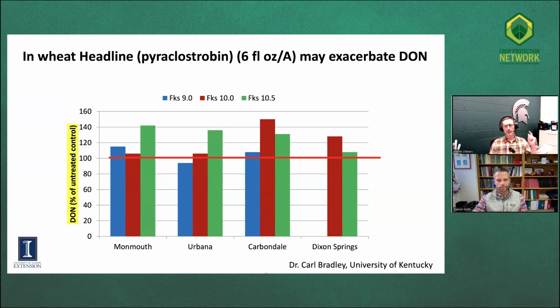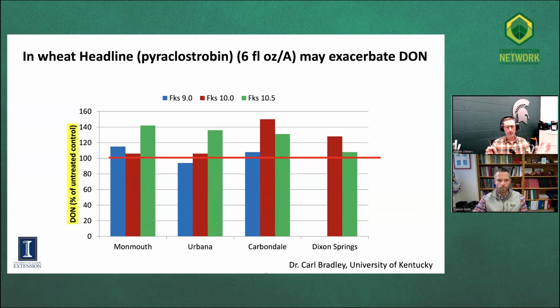Yeah. I threw this slide in from our colleague Carl Bradley at Kentucky, just the potential to maybe aggravate mycotoxin through strobilurin fungicides. This is a wheat trial. Again, we want to emphasize that this is not corn data, but it just demonstrates the potential.